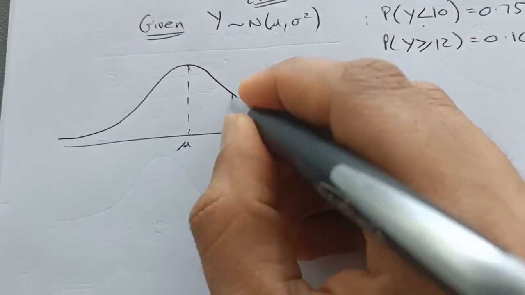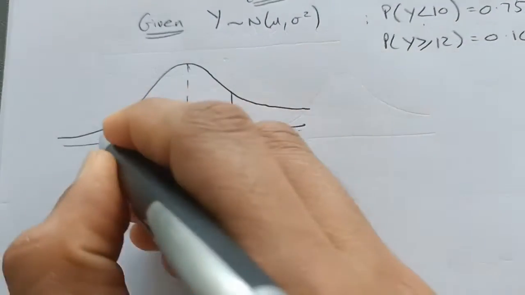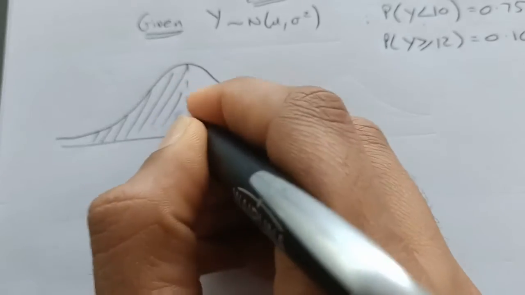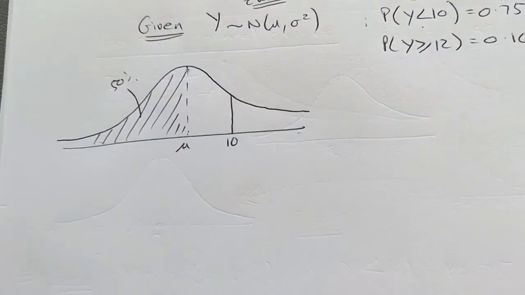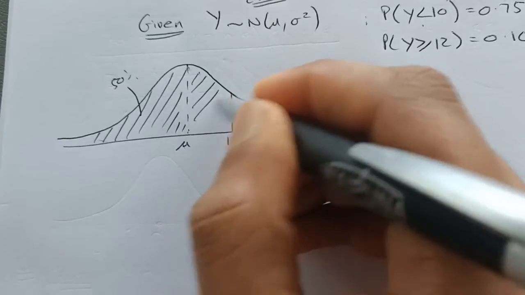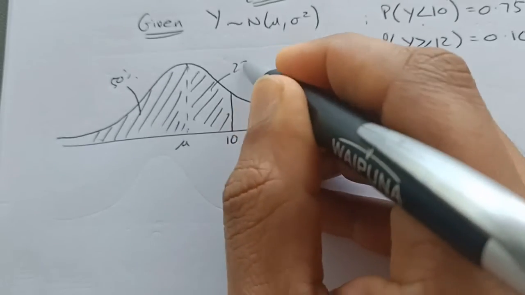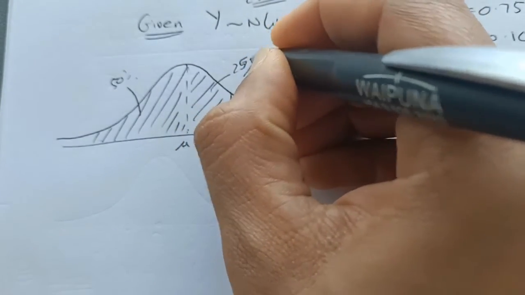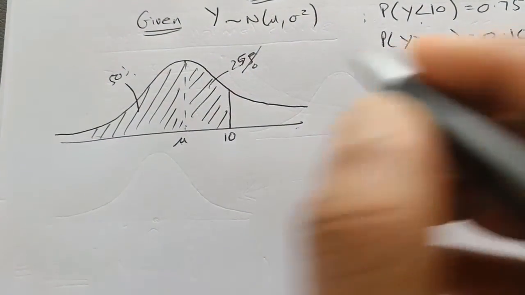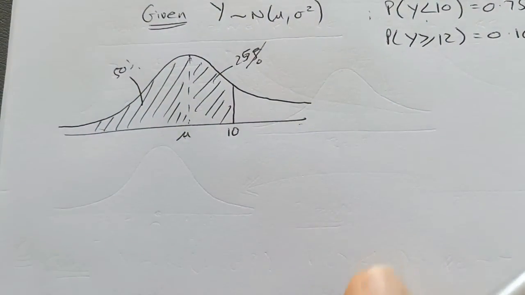The only way that's going to happen is if it's on this side, because half the curve to the left is already 50%. If this is another 25%, then we're good, and this total area becomes 75%. That's how we would draw it.